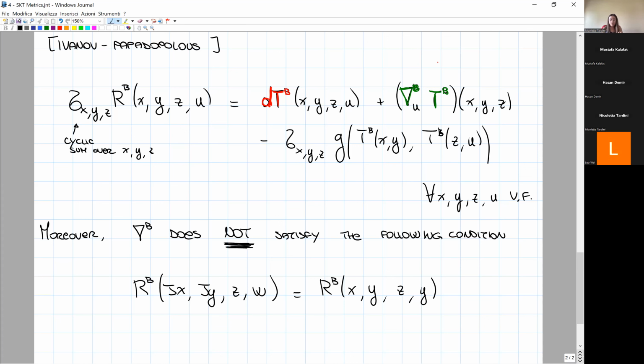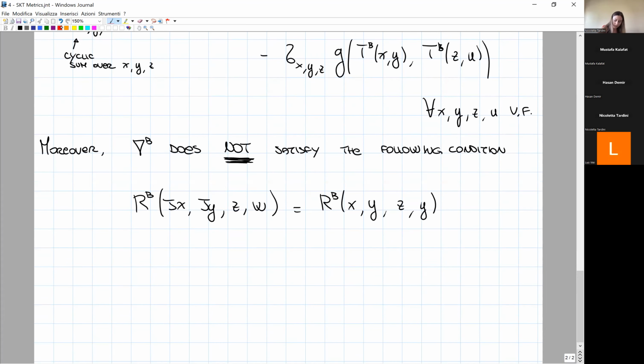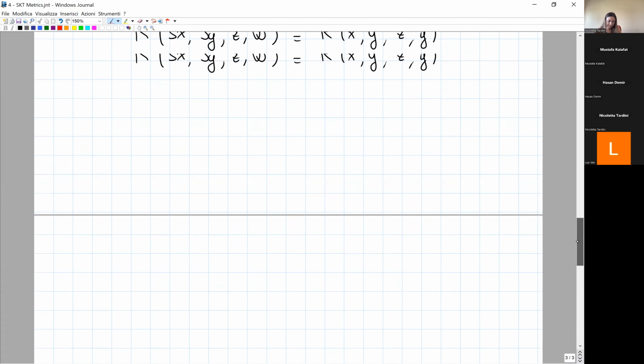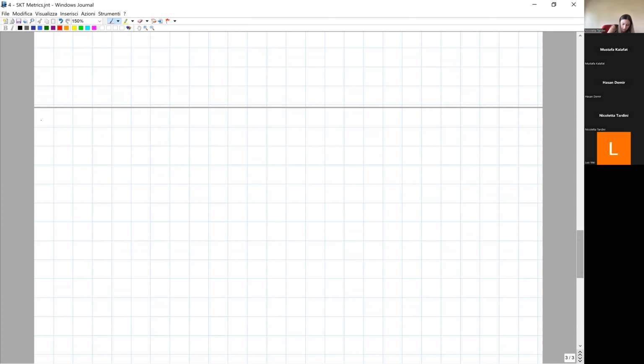And for instance, this equality is satisfied by the Chern connection, but the Bismut connection does not coincide with those connections. So in general, it doesn't have this Bianchi identity and these other conditions. Somehow this was the motivation for the following definition. Let me write the definition here.